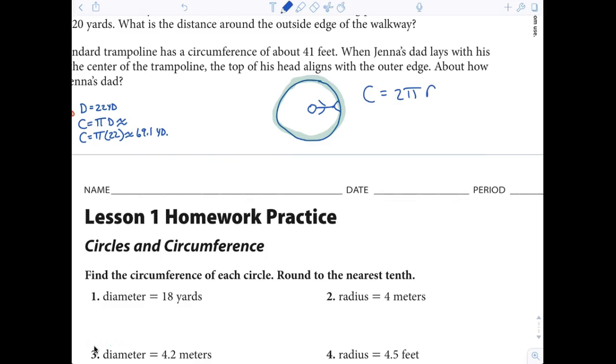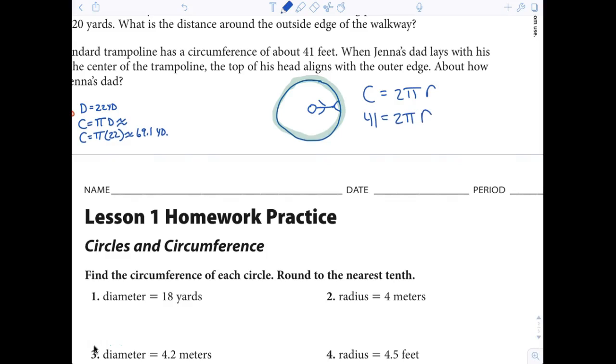The dad is the radius, correct? So what's the circumference? 41. So we have to put 41 in, right? Is equal to 2 times pi times r.